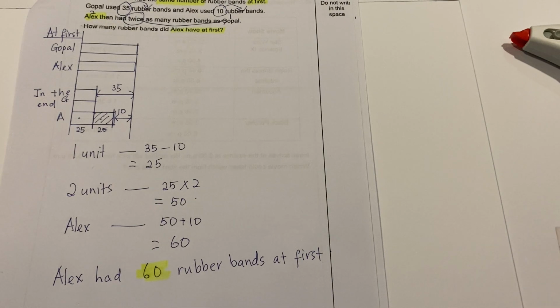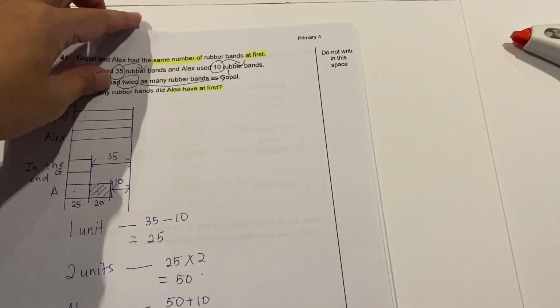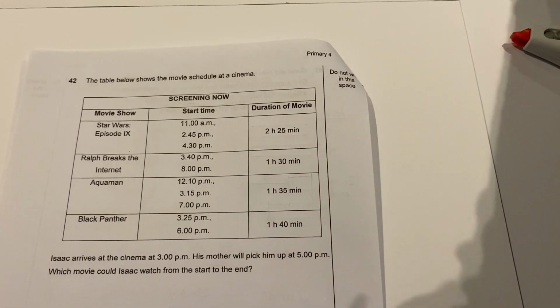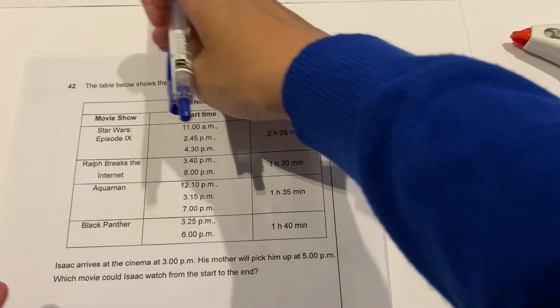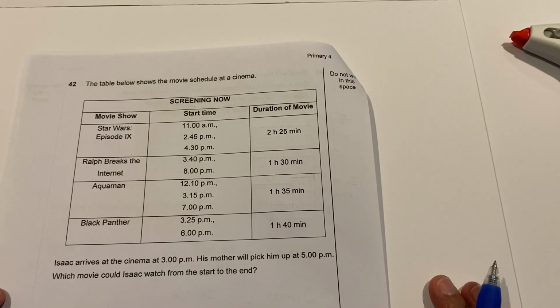Is everybody okay? Right. Okay, let's move on to question 42. Question 42 is a time question. The table below shows the movie schedule at a cinema.